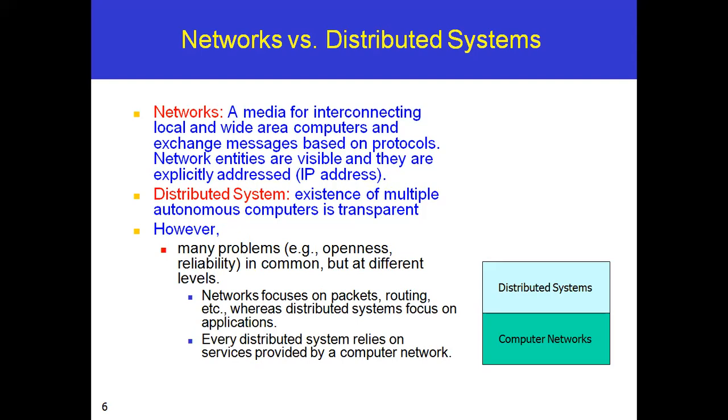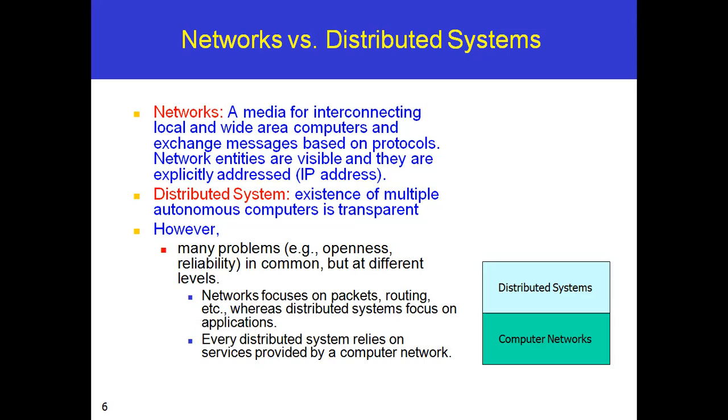You learned about the network layer. The network mainly focuses on packets and routing, whereas the distributed system focuses on applications. That is the difference between network and distributed system.